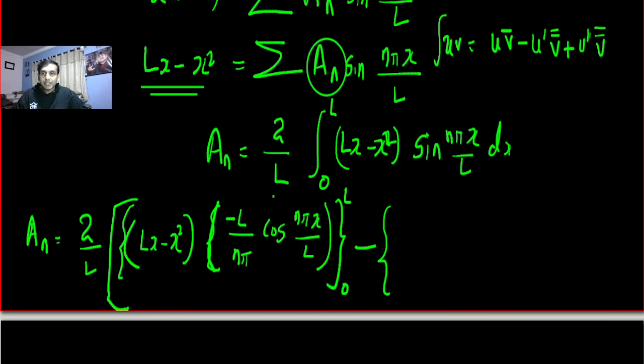Okay, now the next term, differentiate this. So L minus 2x, and integrate this stuff, and don't mess with plus or minus. We will adjust that in the next step.